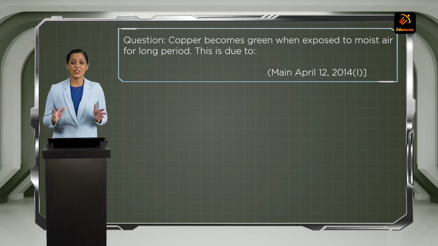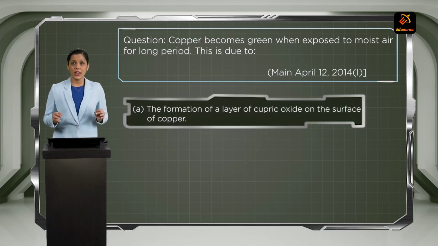Moving on to the next question. Students, this question was asked in mains 2014. The question reads as, copper becomes green when exposed to moist air for a long period. This is due to option A, formation of a layer of cupric oxide on the surface of copper.